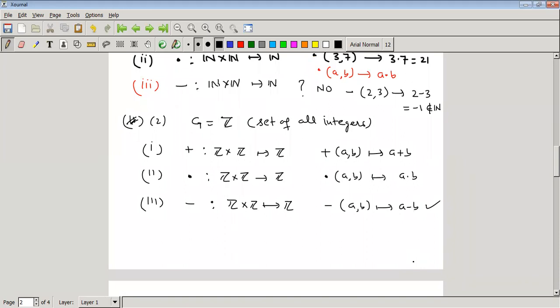If we take 2 comma 3, is 2 by 3 an integer? No. So division is not true, even because 0 also belongs to Z cross Z. So we cannot divide any number by 0. So if 0 comma 1 or 1 comma 0 belongs to Z cross Z, but 1 by 0 does not exist. So division is not a binary composition.